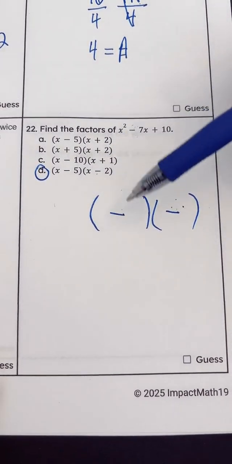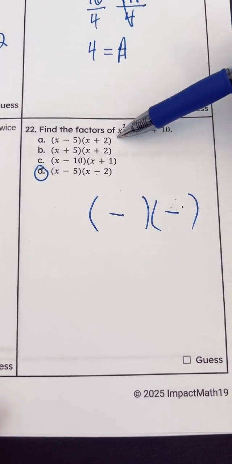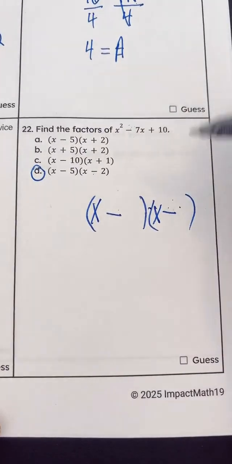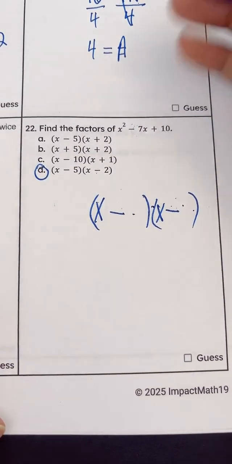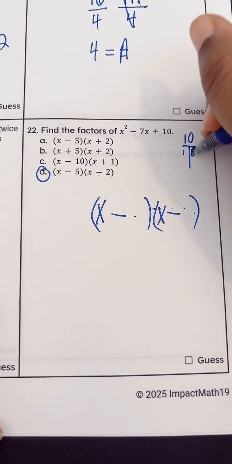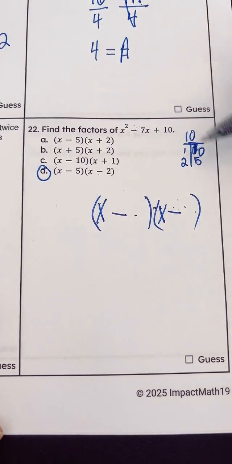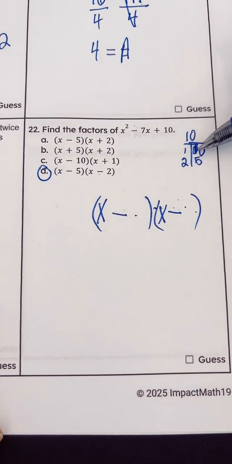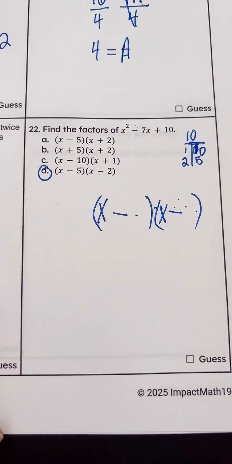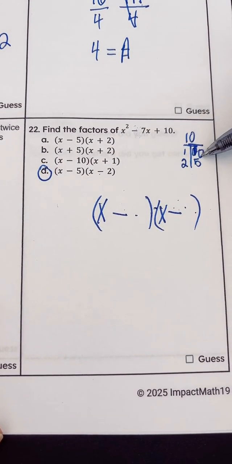Okay, so let's continue. Let's go further. What times what gives us x squared? Well, x times x, right? And then what times what gets us 10? There's a whole bunch of things. There's 1 times 10. There's 2 times 5. Then we ask ourselves, which pair will give you this 7? 1 and 10 can't give us 7.